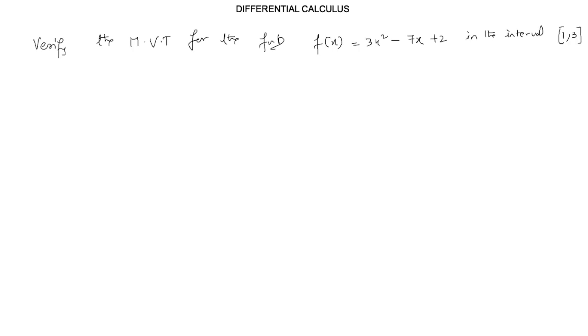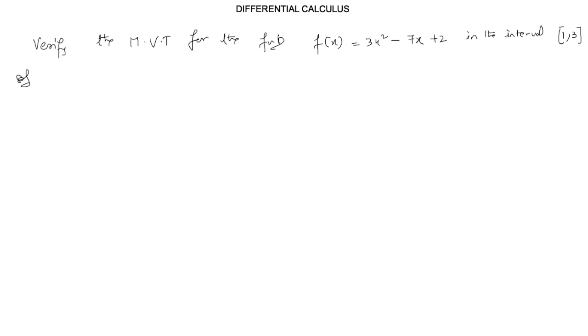Let us verify the mean value theorem for the function f of x, which is 3x squared minus 7x plus 2 in the interval (1, 3). Okay, let's see the solution for this.